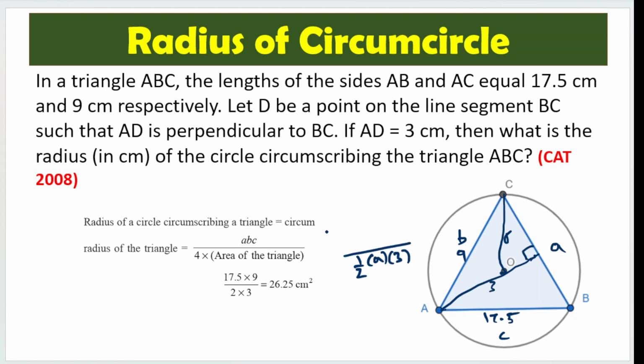Right. Now at the same time, what is abc? abc is a into 9 into 17.5. We don't know what is a.